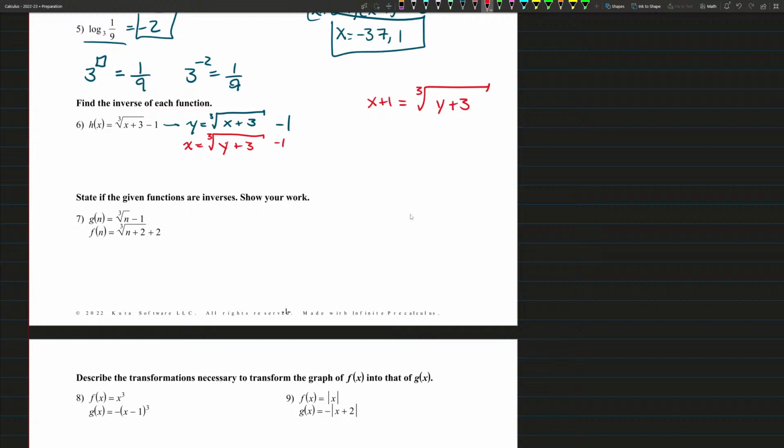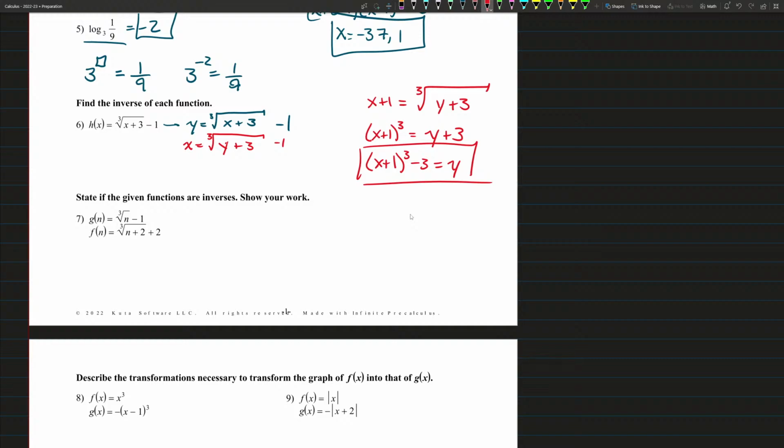So in order to undo a cube root, we cube things. So we have x plus 1 cubed is equal to y plus 3. And then we subtract 3. And this is our inverse. Okay, so swap variables, solve for y.